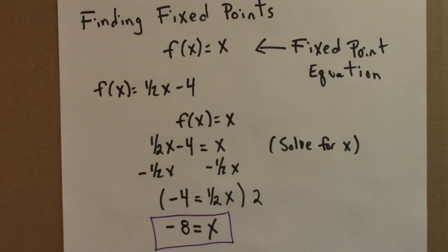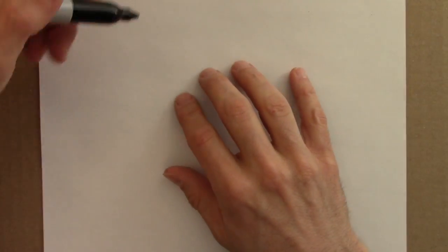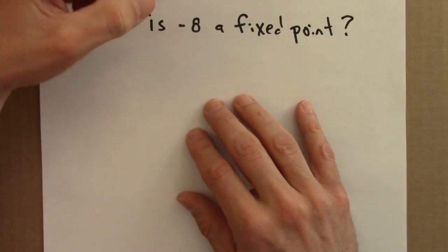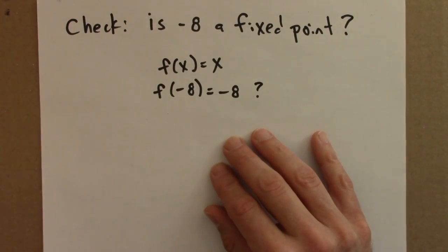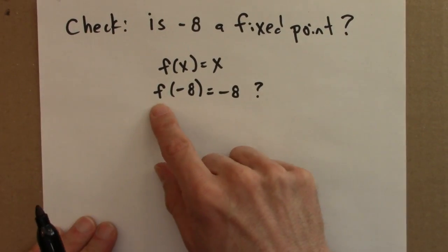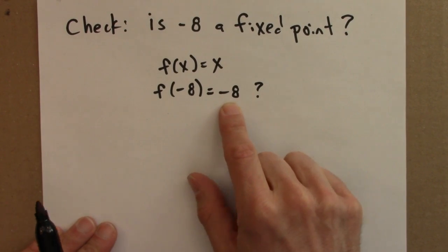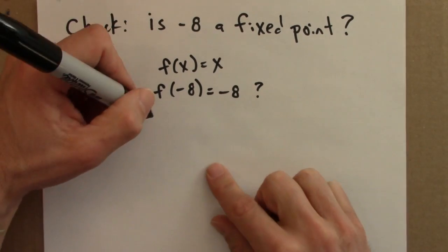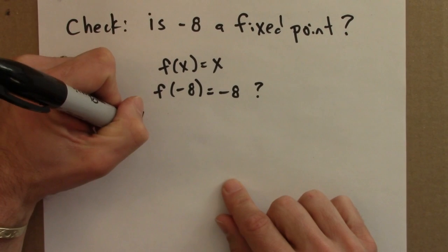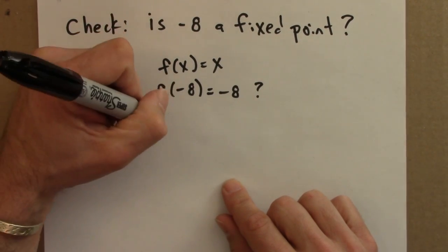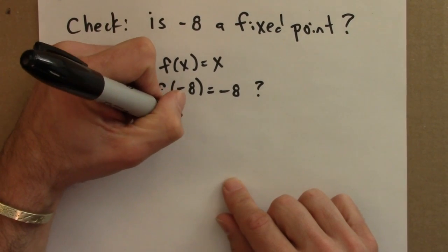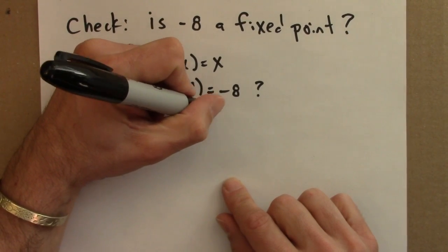Let's check and see if that's really the case. Does f of minus 8 equal minus 8? Well, what's f of minus 8? It's 1/2 times minus 8, minus 4.